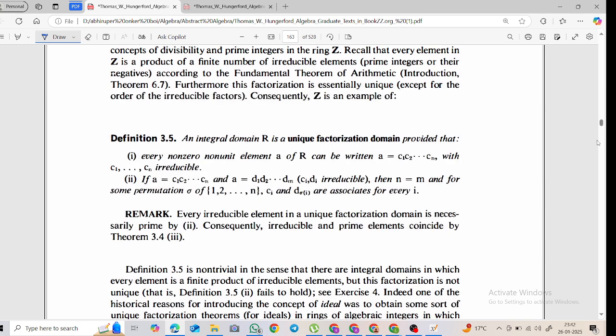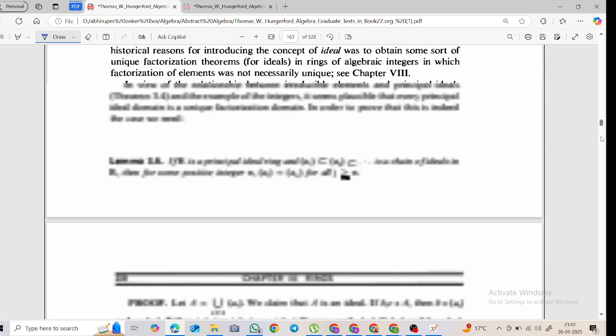Let me see how much you can do by yourself in factorization domain.